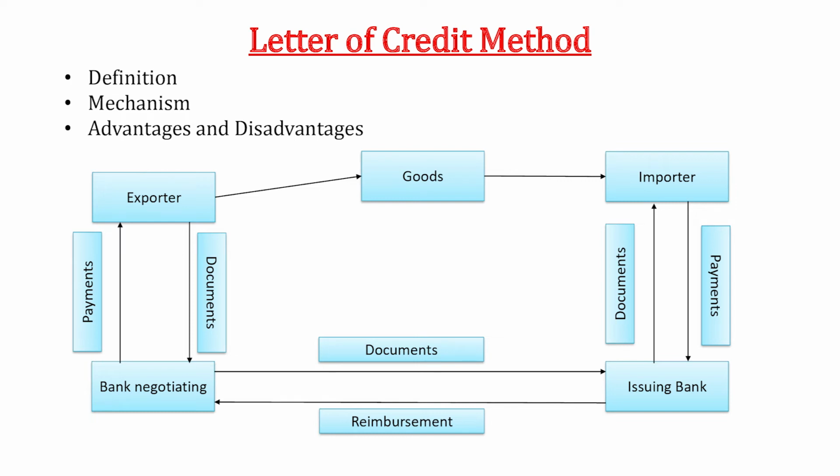This is in brief the mechanism of a letter of credit. You have seen in this mechanism, documents are very, very important. And friends, the exporter will get payment in India against documents before the importer takes possession of the goods.